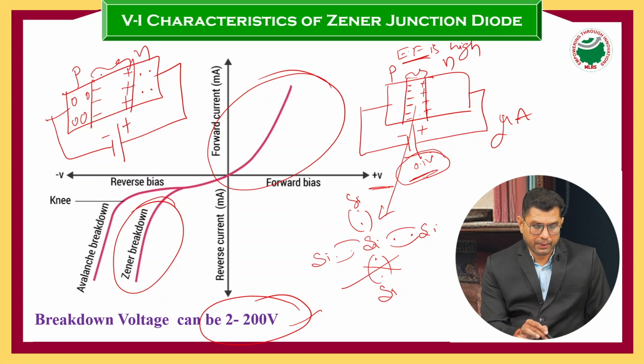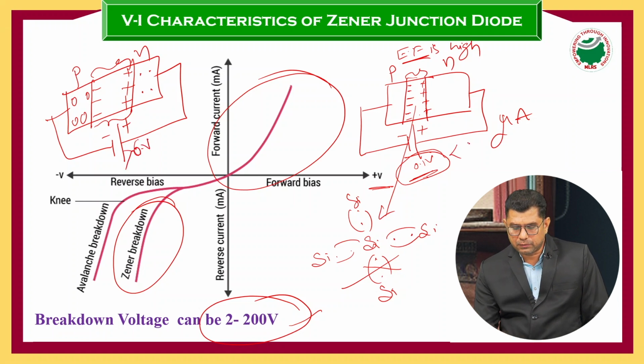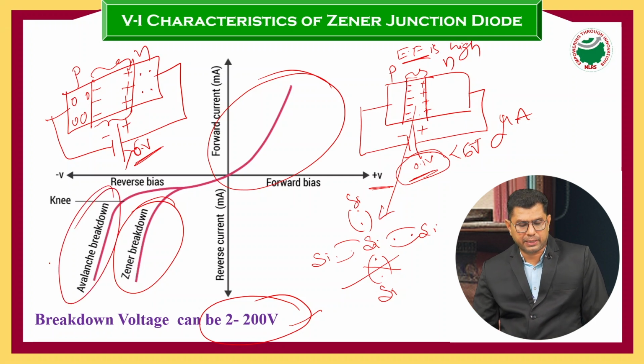Then only a low field exists, so you need to apply a high voltage, above 6 volts. Usually below 6 volts, Zener breakdown takes place. Above 6 volts, we say avalanche breakdown takes place.